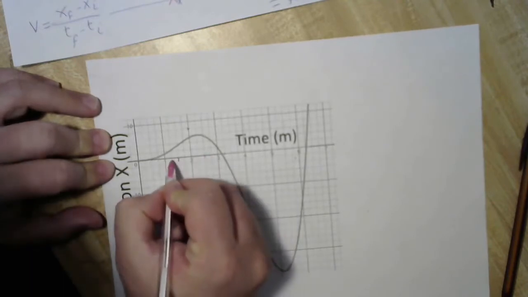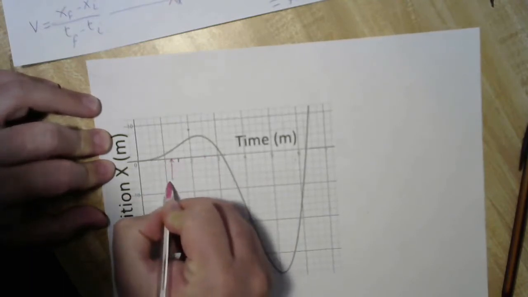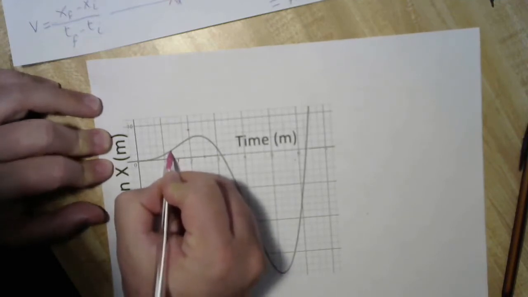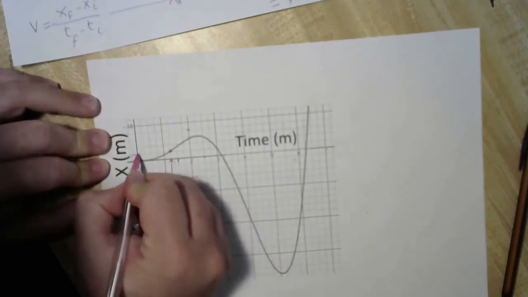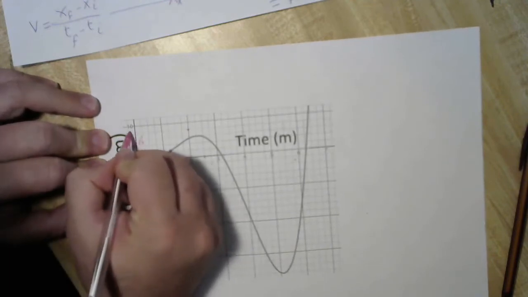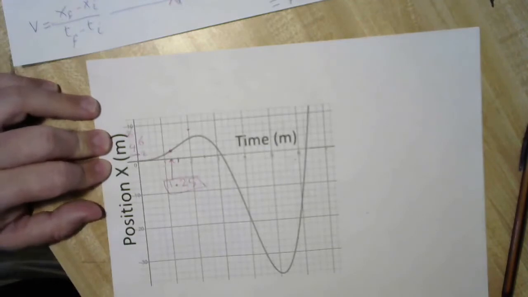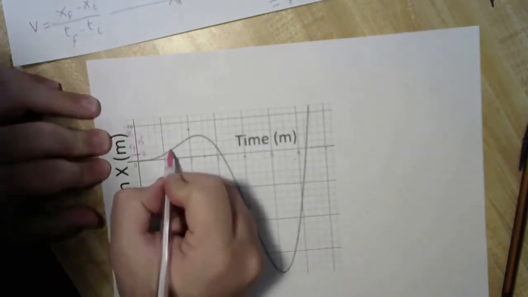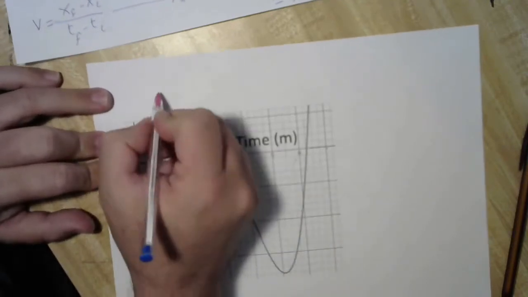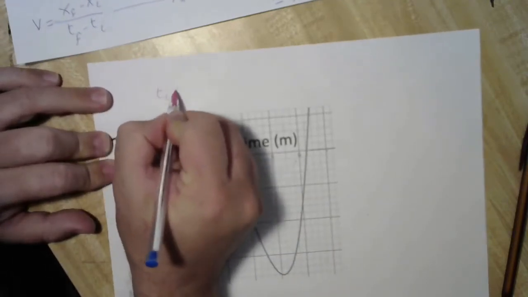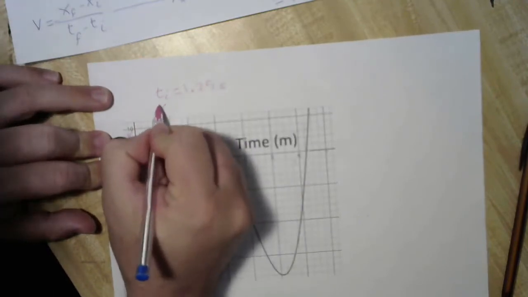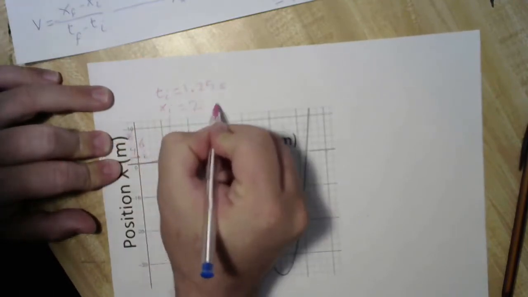This is 2.5. At 1.25, x at this point is almost equal to 2, because this is 2, 4, 6, 8, 10. It is easy to understand. This is my initial point. I have t initial is equal to 1.25 seconds and x initial is equal to 2 meters.